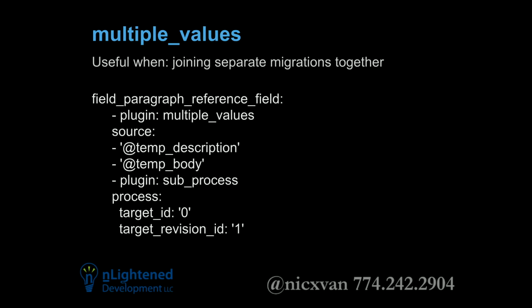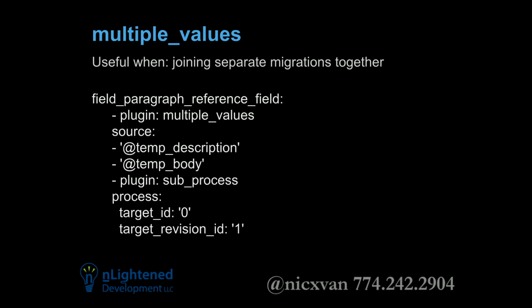Multiple values. So again, this is an example of using variables as well. Looking at this, the old site had a description field, the old site had a body field, the new site has a paragraph reference field that holds a paragraph for the description and the body.